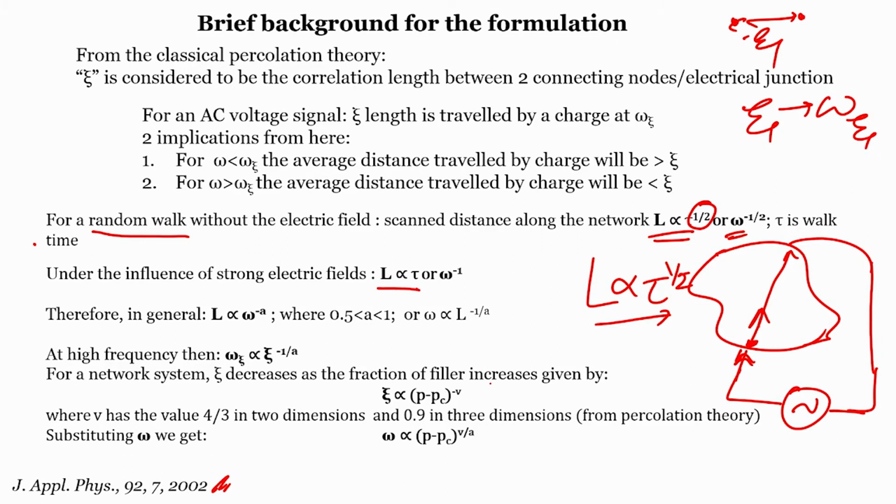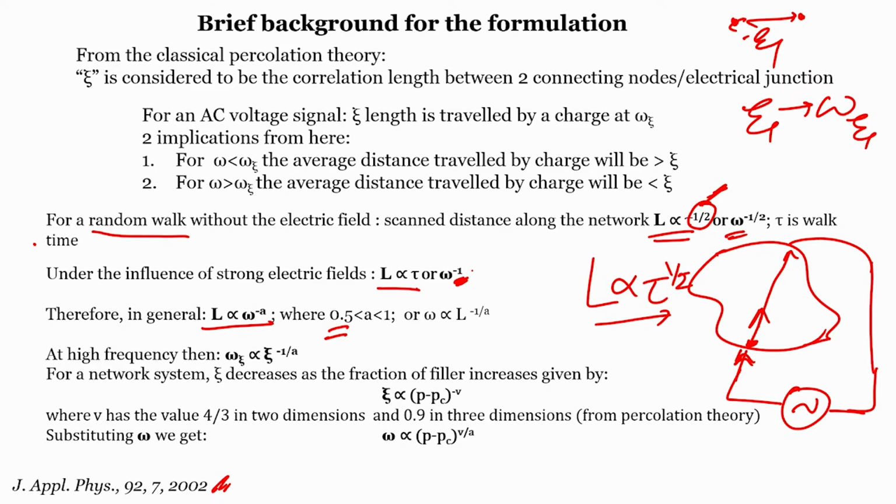So unless there is a strong electric field, the general case that could be defined would be L proportional to omega to the power minus A, where A would vary from 0.5, which is the lower limit, to 1, which is the upper limit under the influence of a strong electric field. So this point is clear. I will just repeat it for better understanding. In any disordered system, for a particle which does not have any direction, where even a local electric field does not exist, what will happen?